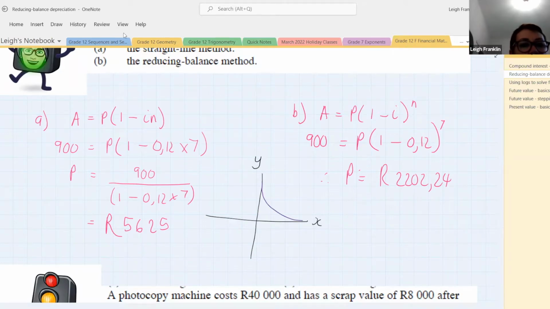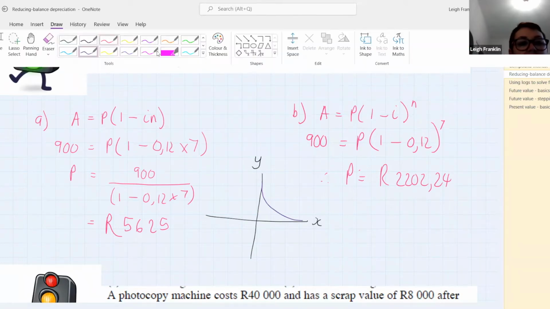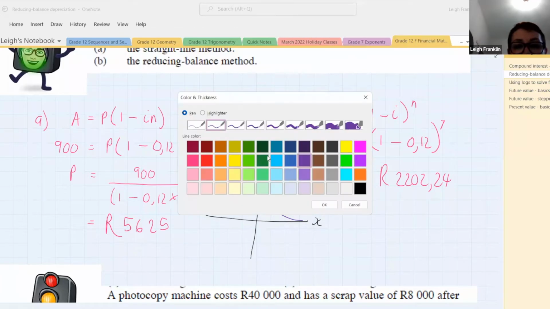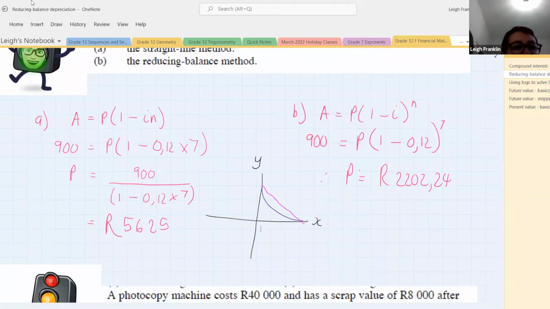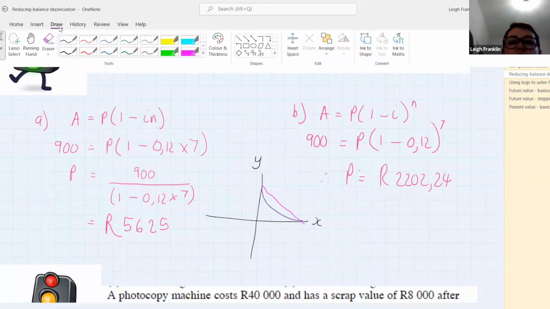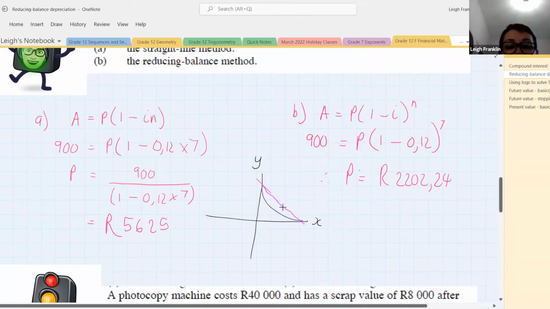Whereas your linear depreciation is going to end up being, let's use pink, a straight line. I wonder if I can draw straight lines. Oh, hang on a second, that would be better, wouldn't it? There we go. That is a much better straight line than mine.